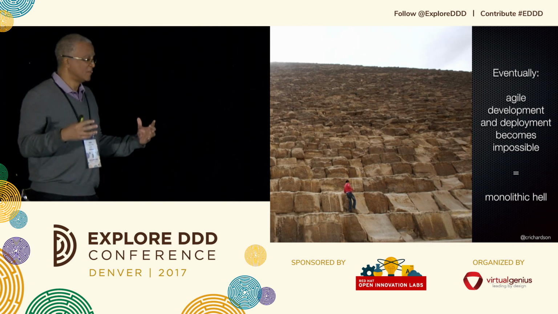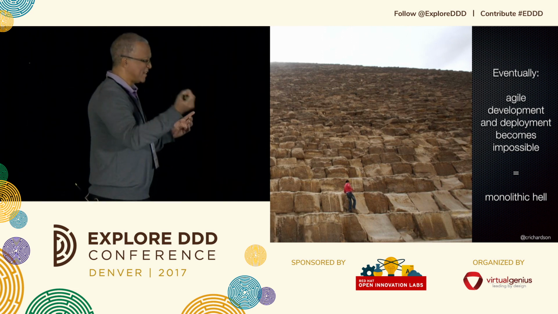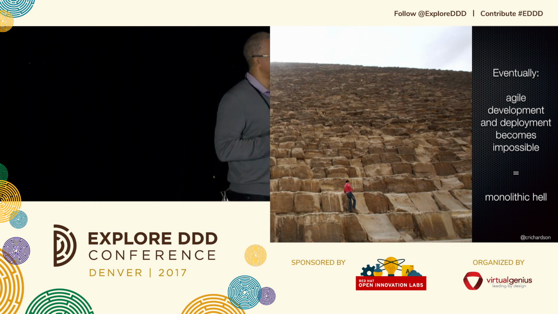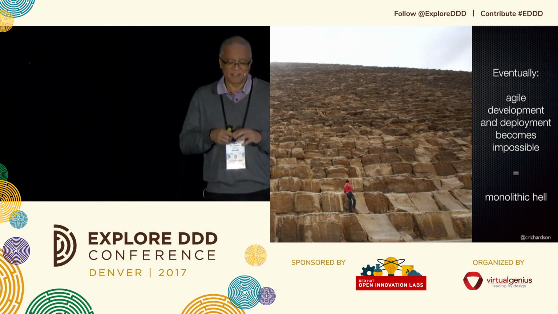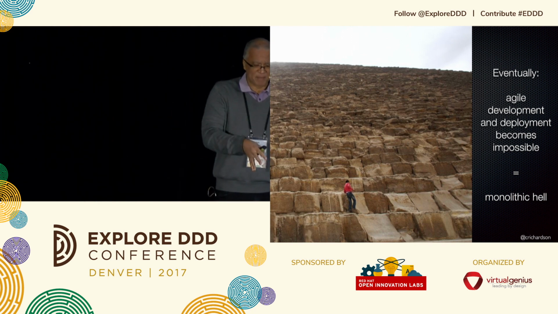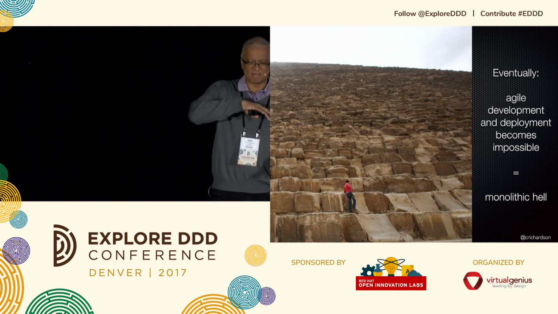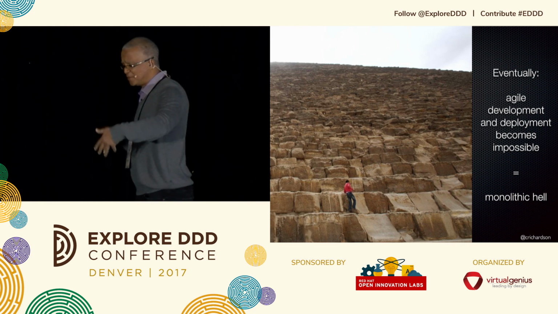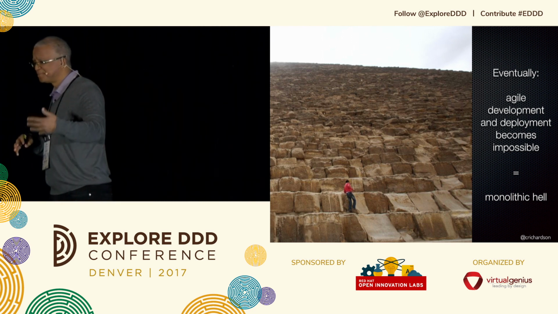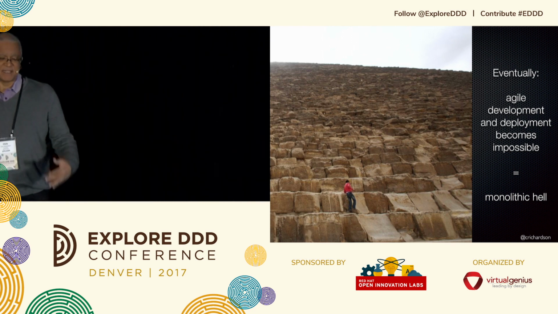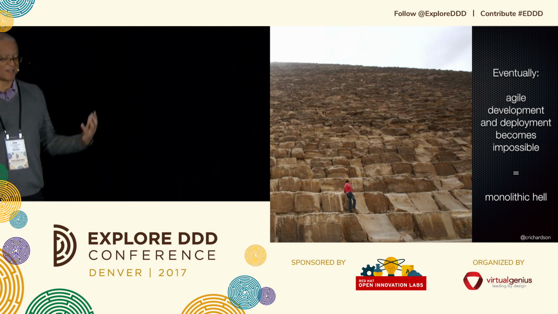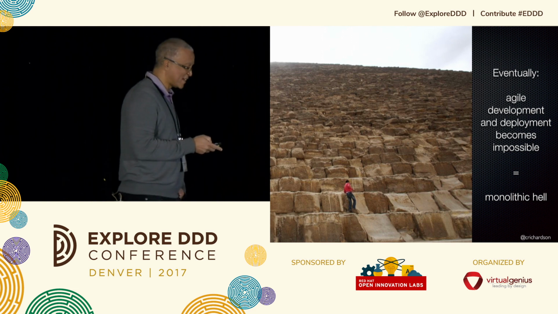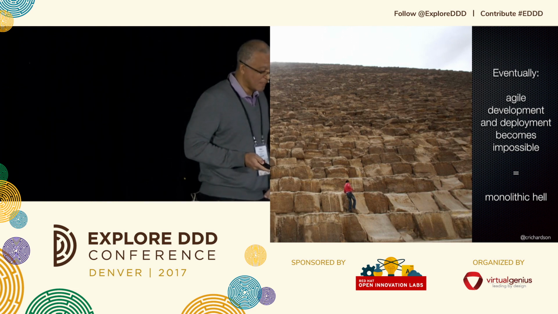Modularity breaks down, which ends up being a death spiral to a big ball of mud, a squalid, sprawling slum, where you try to make a change, you don't quite understand how things work, and you introduce bugs, which delays the release, and no one's happy, right? You're basically in monolithic hell at this point.